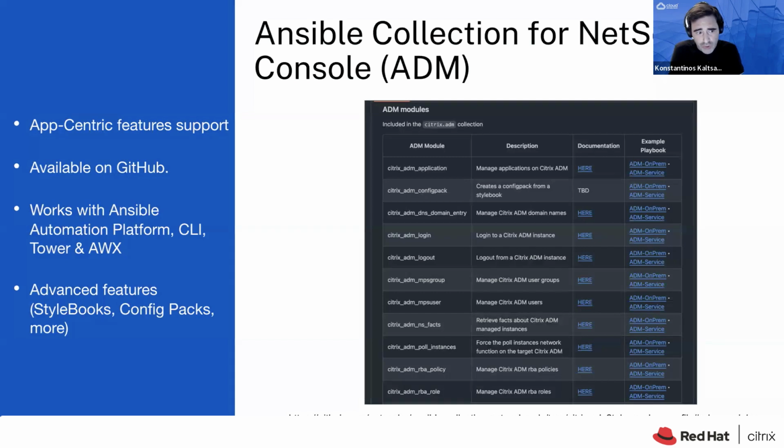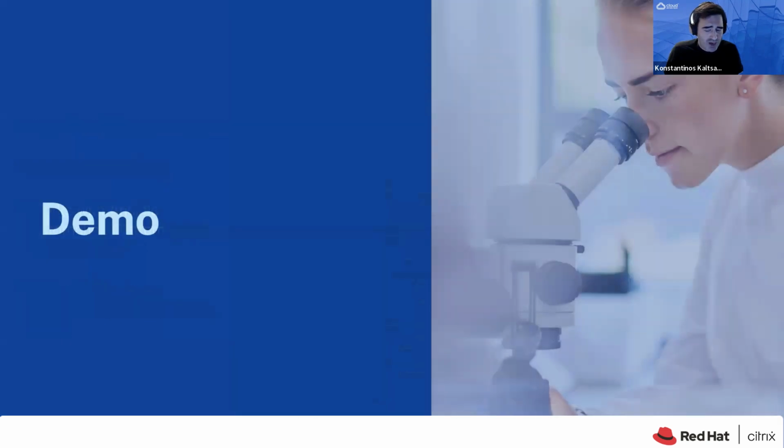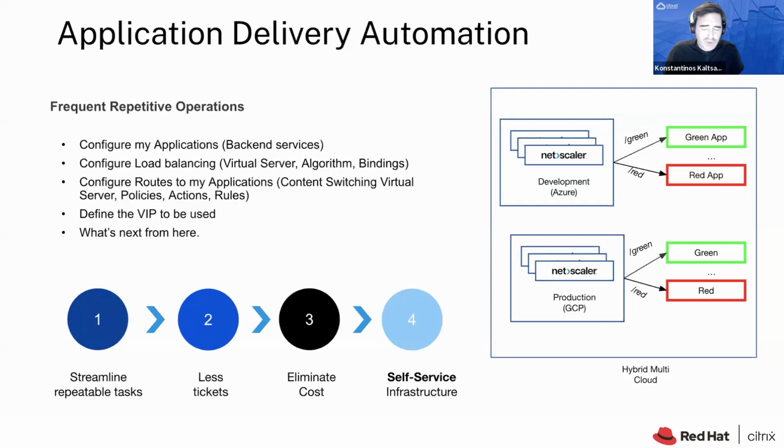It is available also on GitHub. And again, it works in the same way with Ansible Automation Platform, CLI, Tower, AWX, etc. So again, the slides will be shared with you so that you can also access, let's say, all of the implementation.